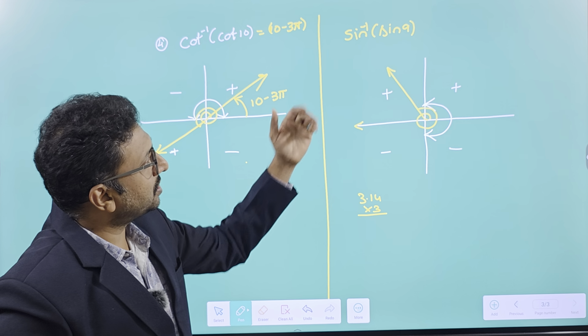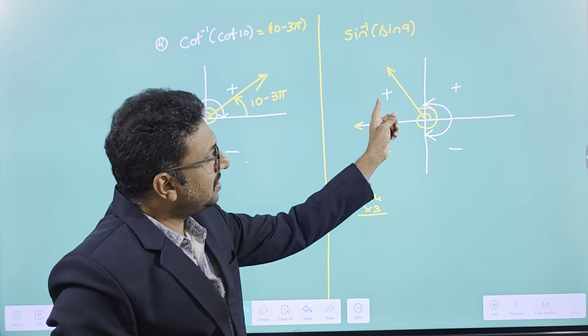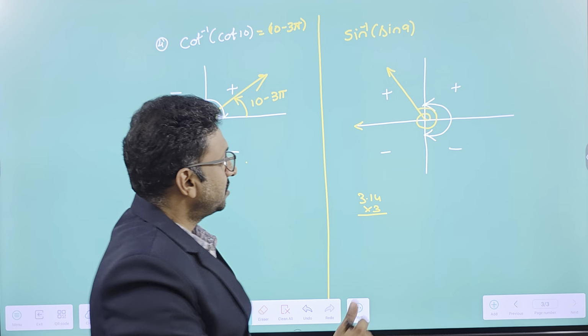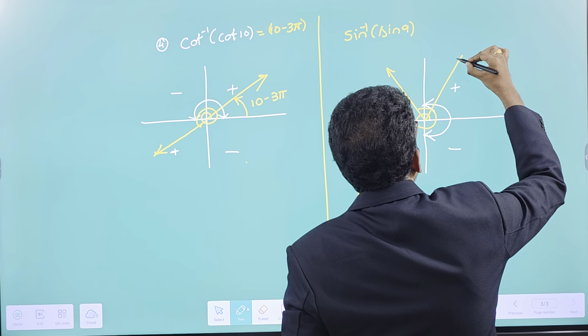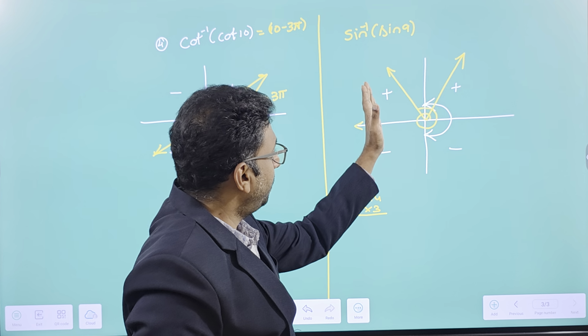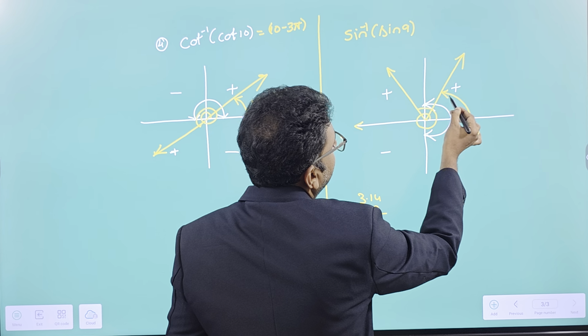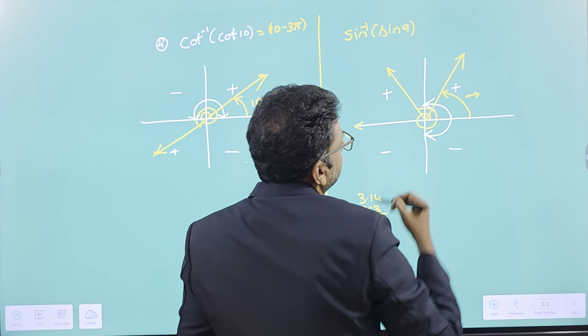Now for sine inverse of sine 9, the ray is still outside the range, so you have to reflect it. The reflected ray will be like this, in the plus, plus quadrant. So this angle is the answer, right?